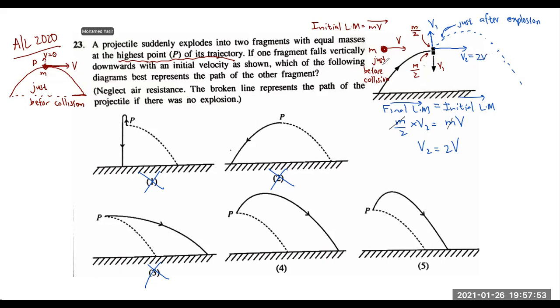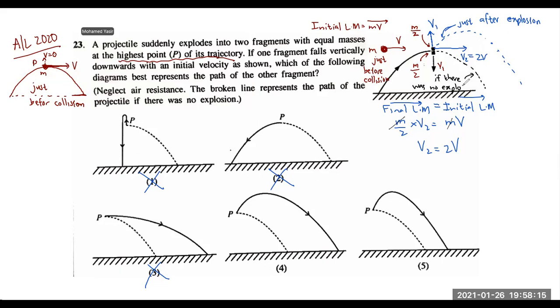If the particle had gone at velocity v, it would have landed somewhere here, if there was no explosion.